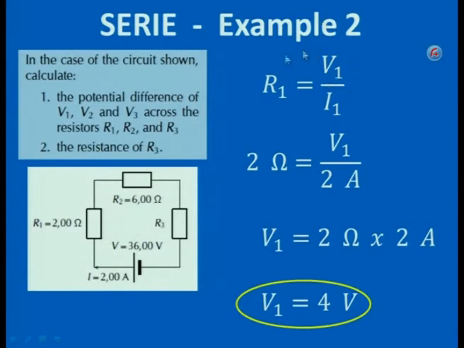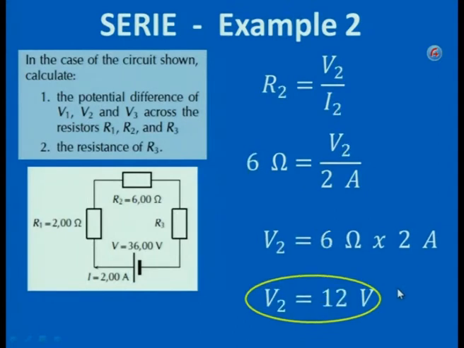You have your Ohm's law, which is R is V divided by I. So R1 is 2 ohms. And I1, which is the current flowing through all 3 resistors, because it's the same current through all of them, is 2 amperes. So V1 would be 2 ohms multiplied by 2 amperes, giving you 4 volts.